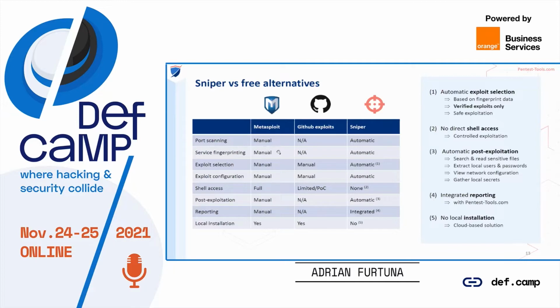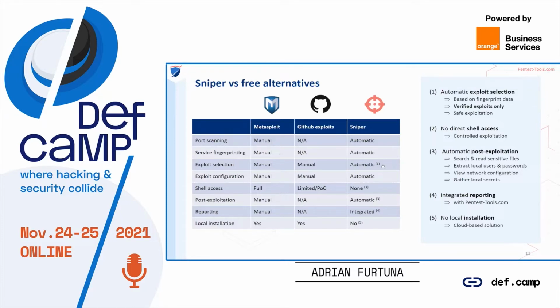So it does automate manual port scanning. Sniper does it automatically. Manual fingerprinting. Sniper does it automatically. Manual exploit selection. Sniper does it automatically.